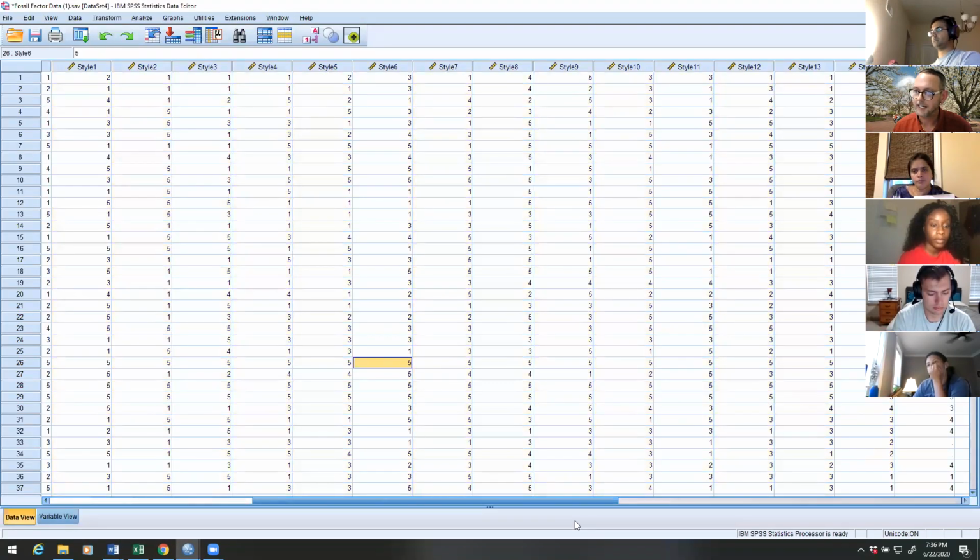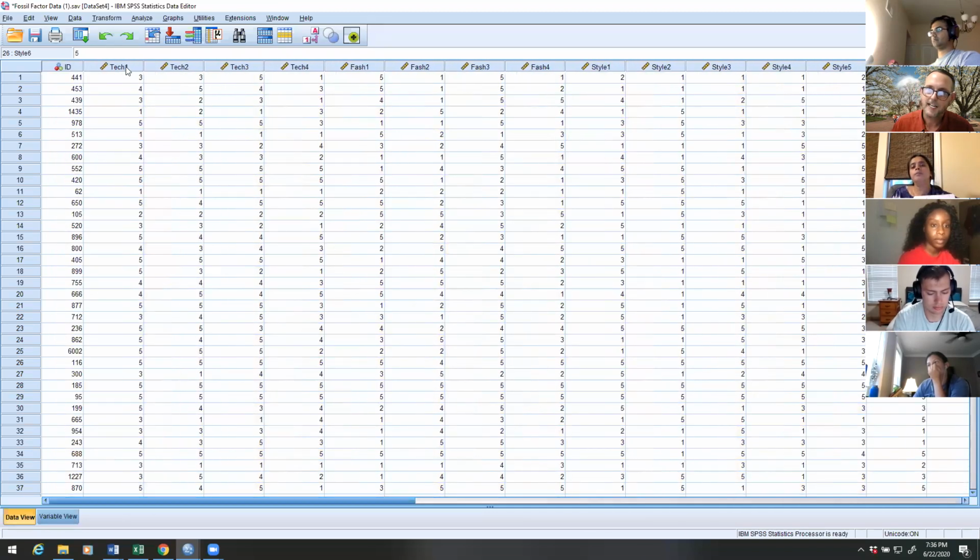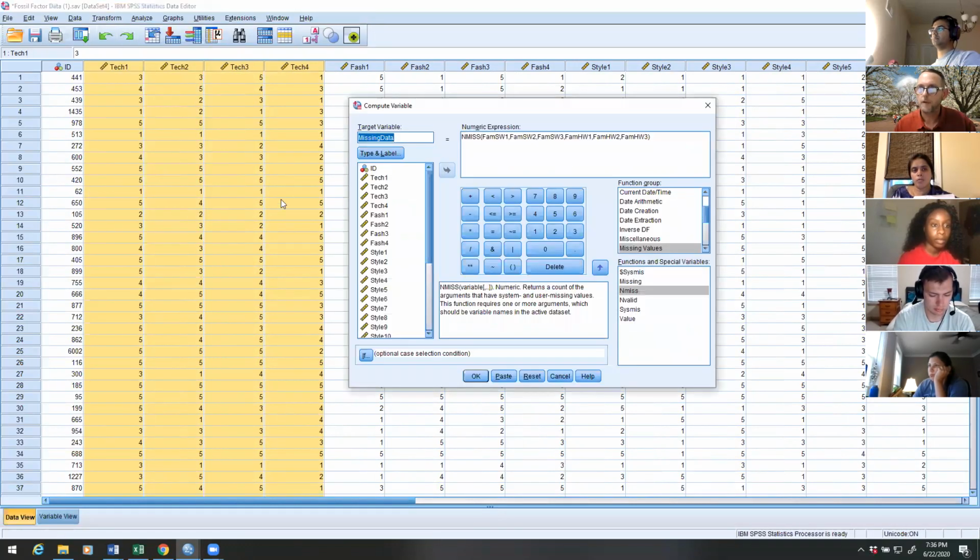Now, what you can do is pop over here. We've got this data and these variables. We could take the average of these variables, a simple mean. That would not be that big a deal. Go to Transform, and in this Transform I'm going to call this tech AVE, for tech average.